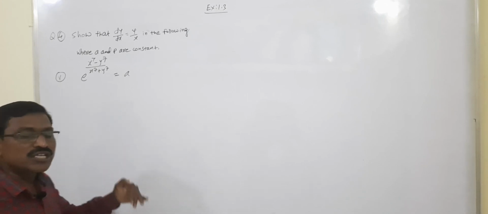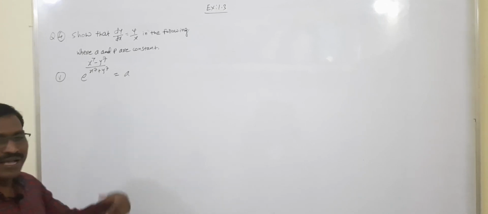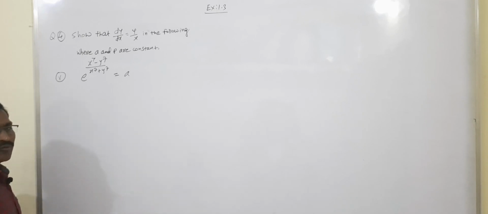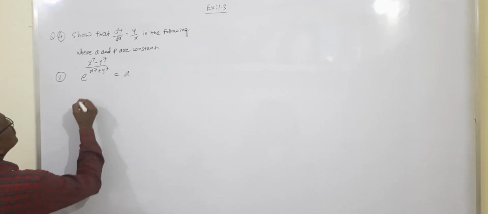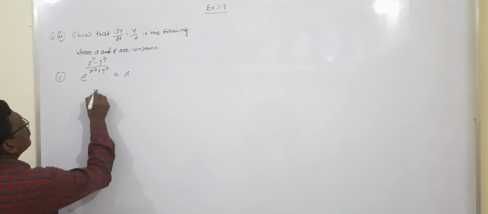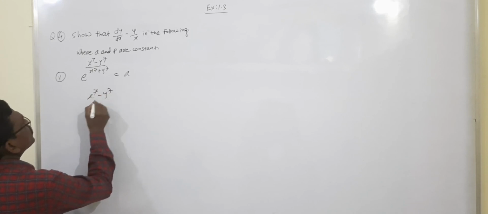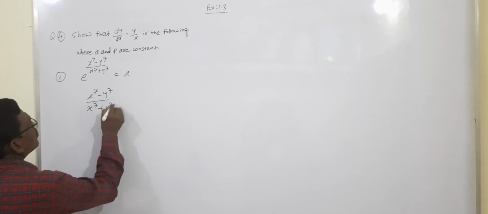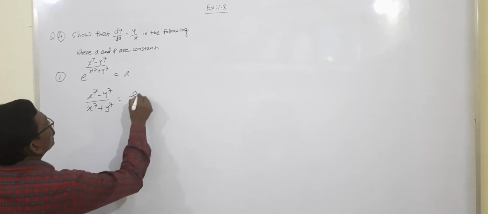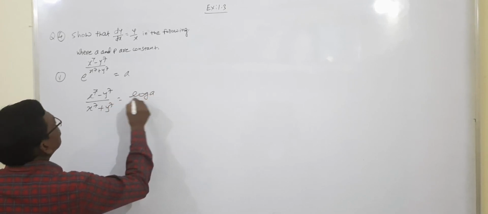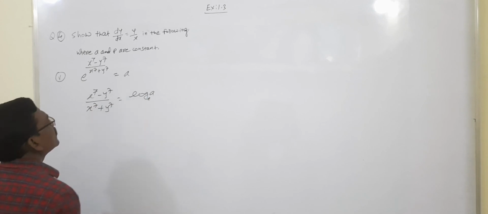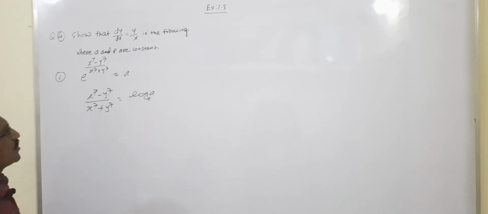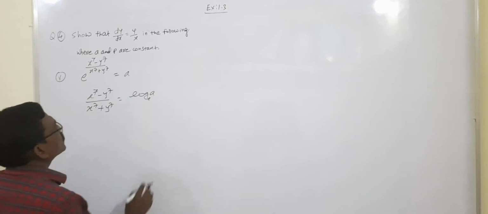We convert it into logarithmic form by using the definition of logarithm, which we have already studied. So x to the power 7 minus y to the power 7 divided by x to the power 7 plus y to the power 7 is equal to log a to the base e.